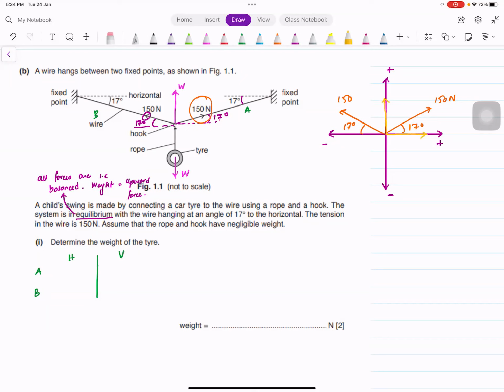So the horizontal component of 150 should be called 150 cosine of 17. And because it is towards the positive side, I'm going to put a positive sign here. Everybody agrees? Yes.